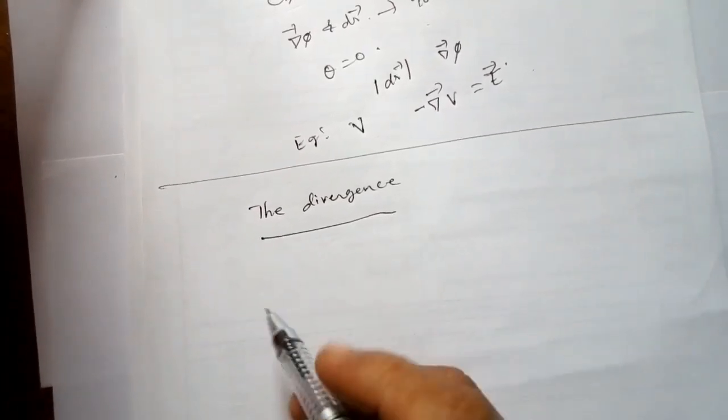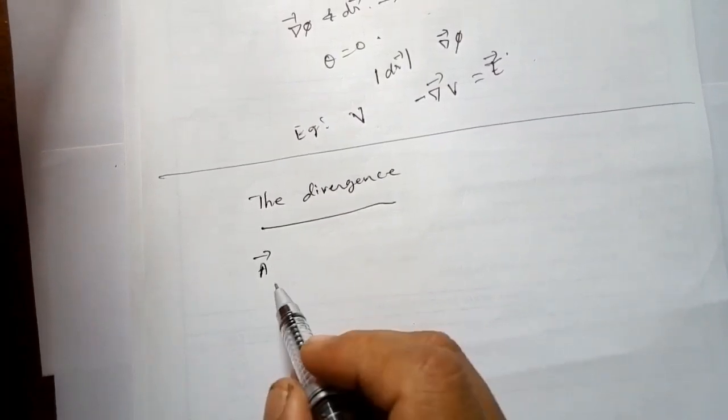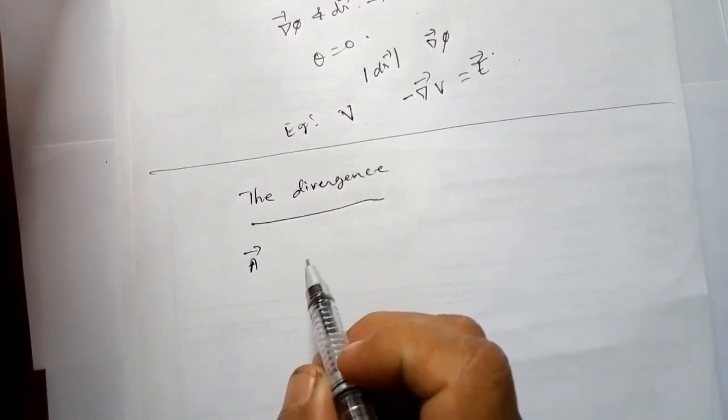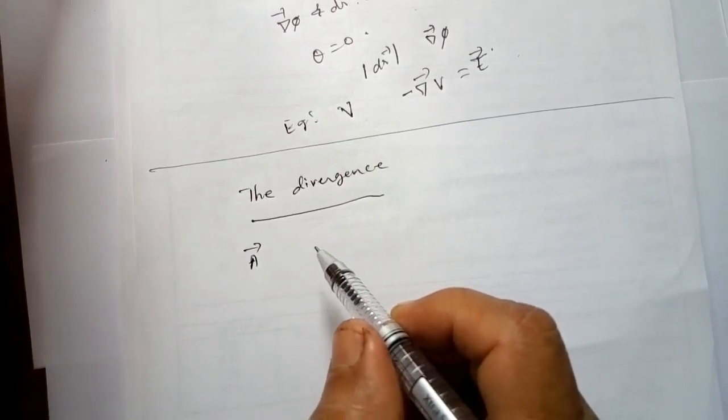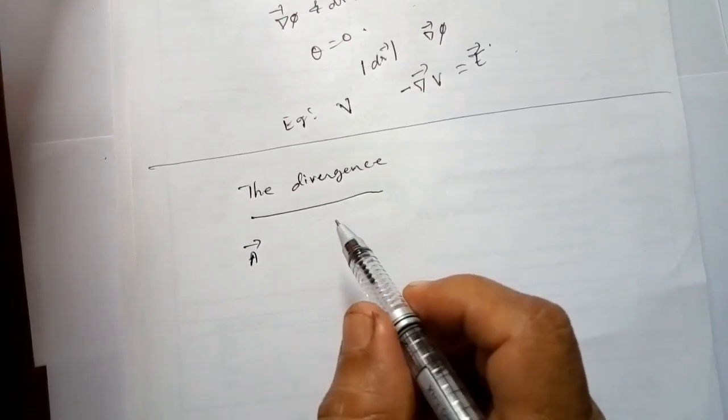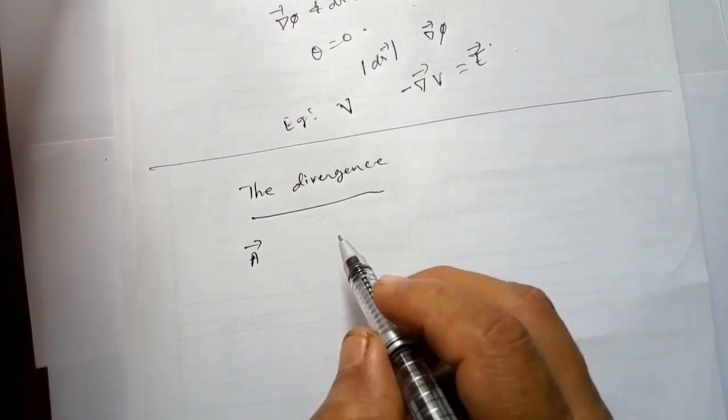Let us consider a vector field A, and the scalar product of the del operator and the vector A, as a function of the position coordinates x, y, z.